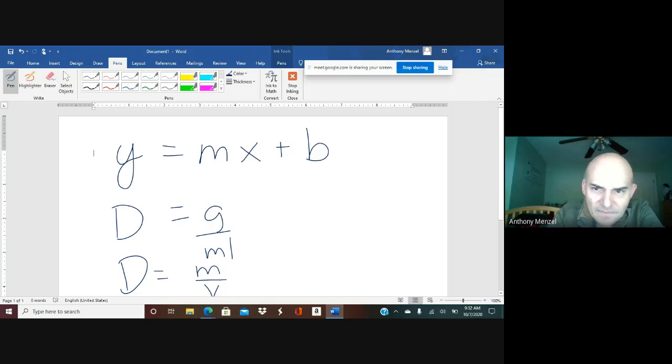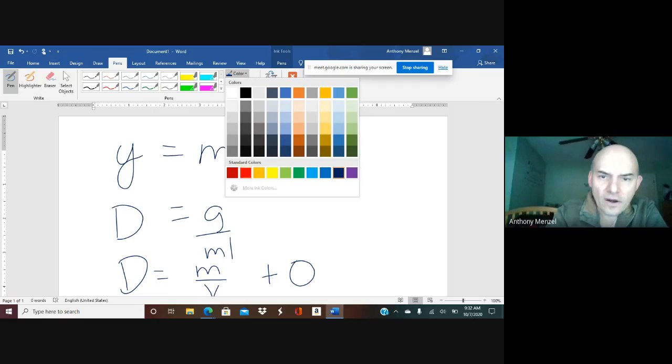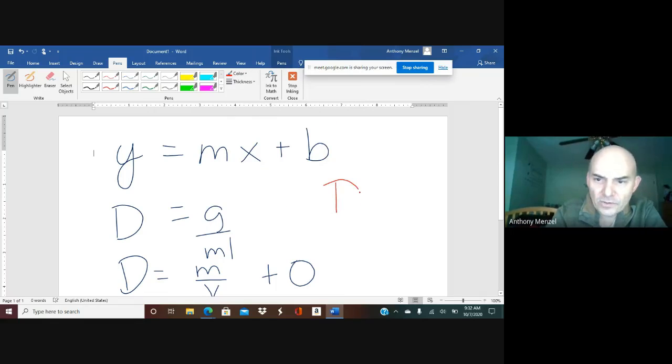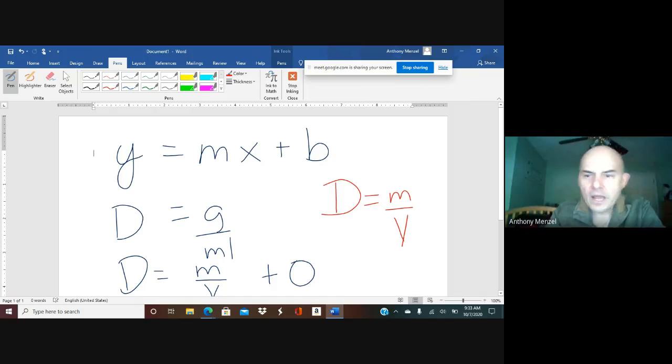And of course, if something has no mass, our y-intercept is just 0, which means that finally our formula is just slope-intercept form, mass over volume. But in order for us to get this formula, we would have to be looking at the density for a given object.